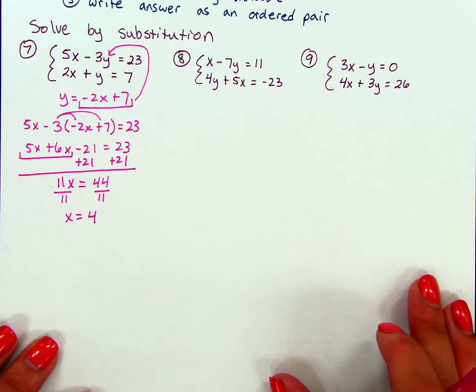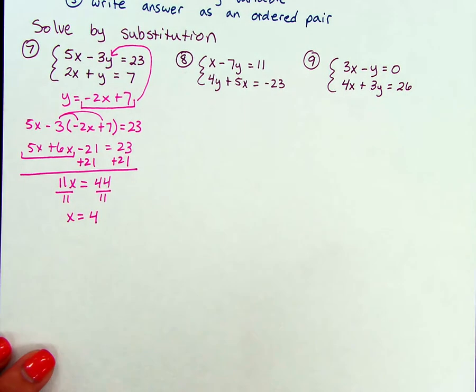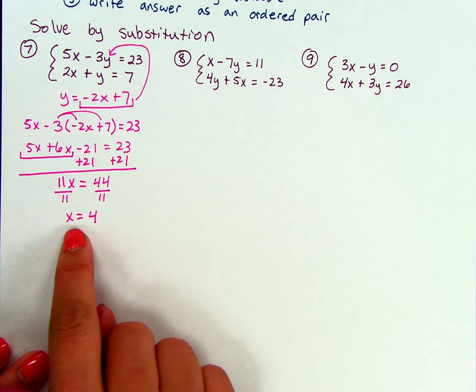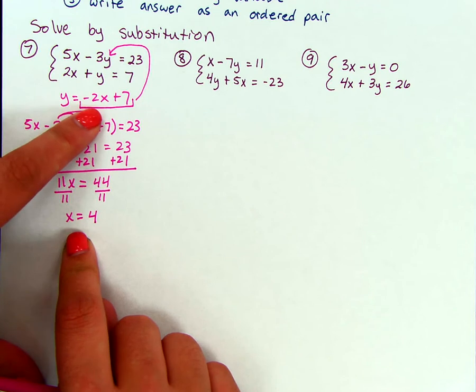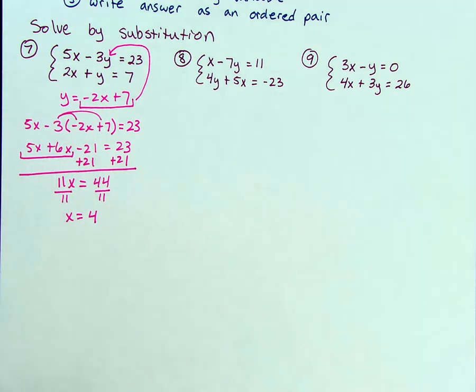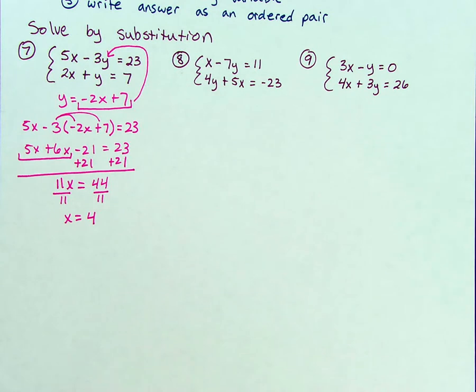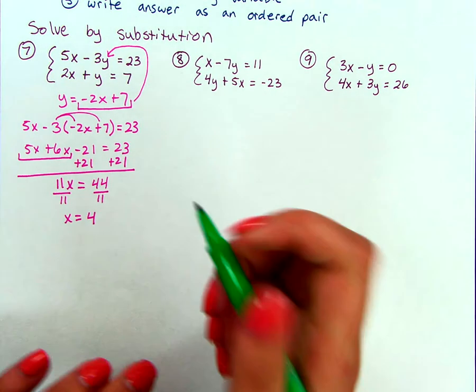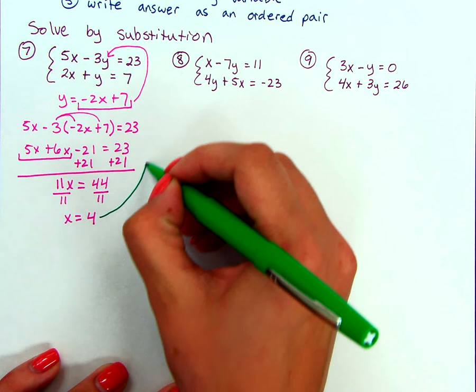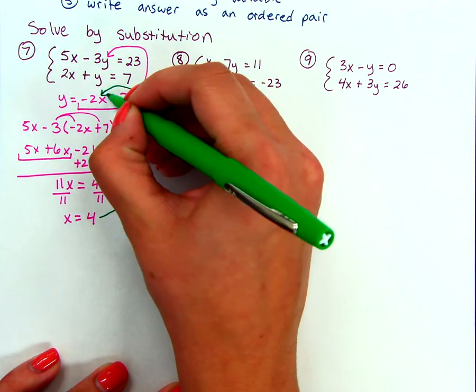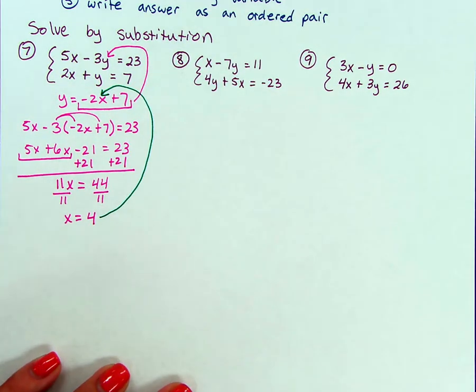So remember, our solution is a point. So we have the x value of our point, so now we have to find the y value. Once we get this answer, we're going to go back and pick either the first one, the second one, or the one that we changed, and we're going to substitute it in. So I'm going to pick this one that we changed because it's already solved for y, and that's what we're trying to find next. So I'm taking 4, and I'm substituting this back into this x right here, and that's going to help us find y.